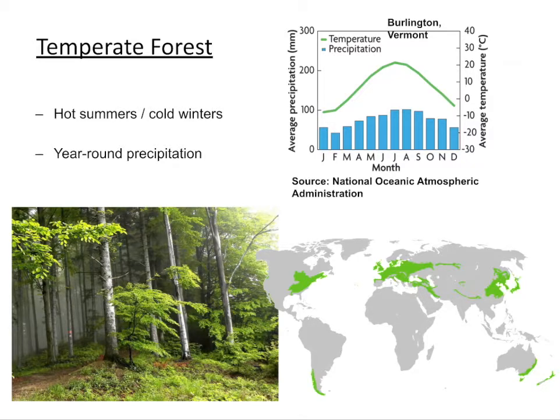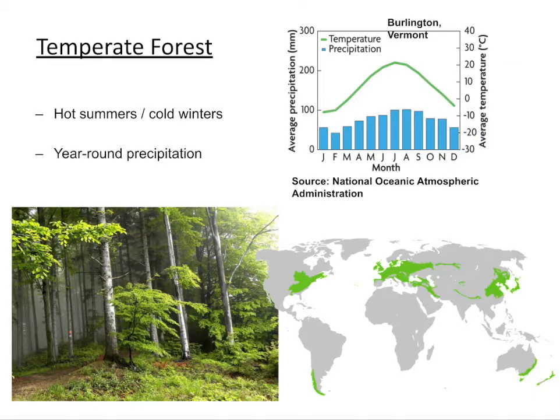Through Western Europe, we find lots of these temperate forests. When you listen to fairy tales that were written in Europe, you notice that we have bears and wolves and all these animals that would live in temperate forests.